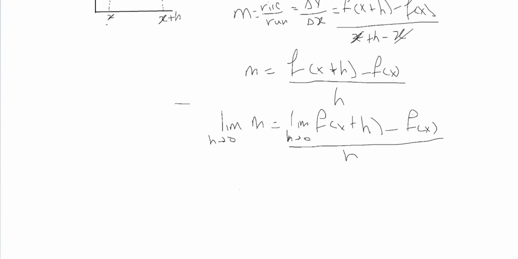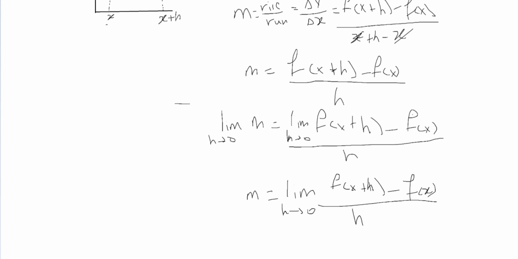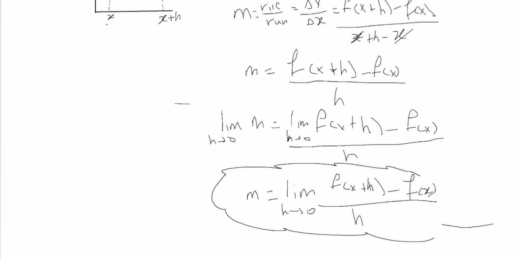The limit of m is just m, because m is just a number. And that's the equation for the slope of the tangent line at any point P.